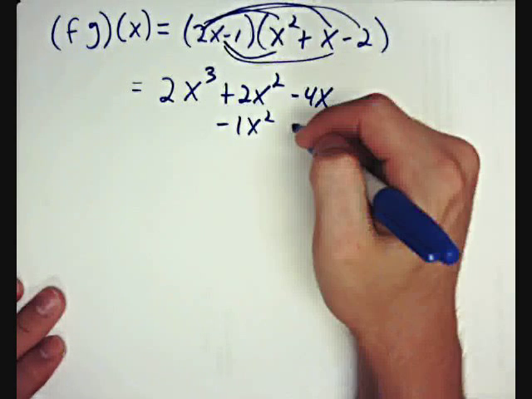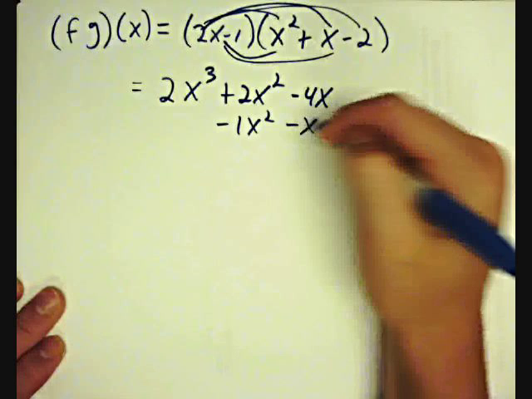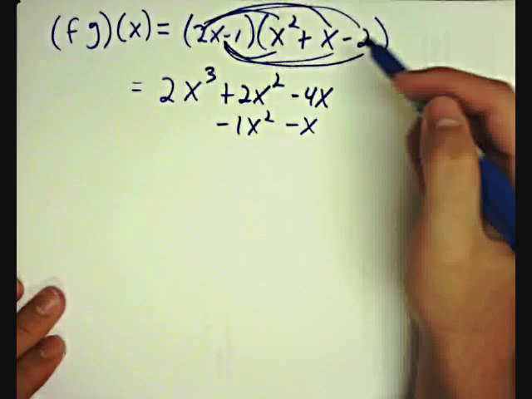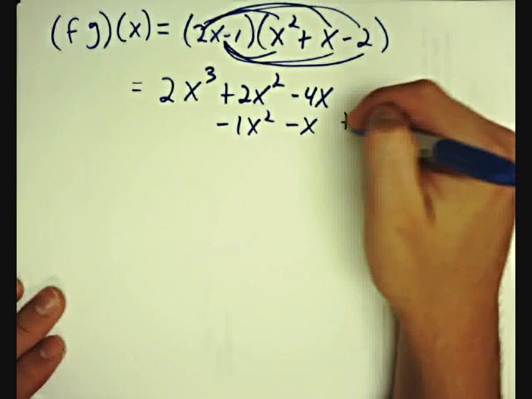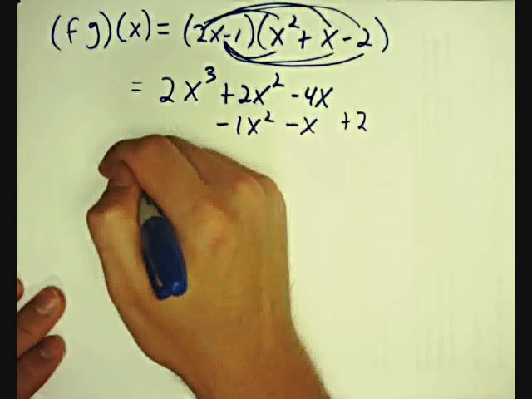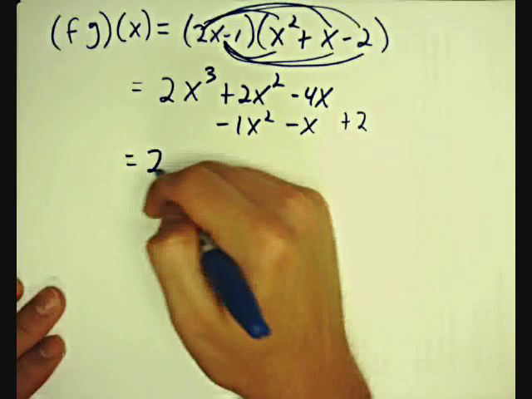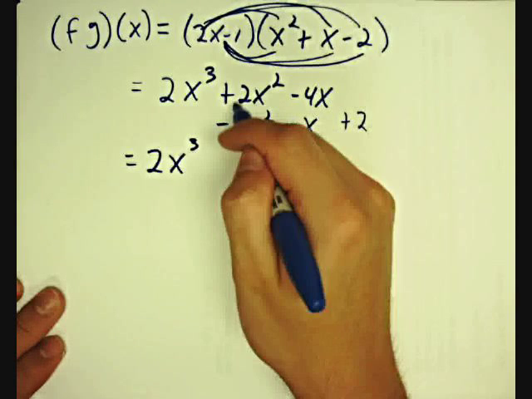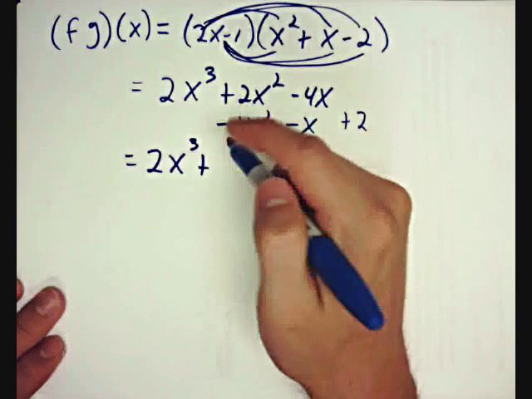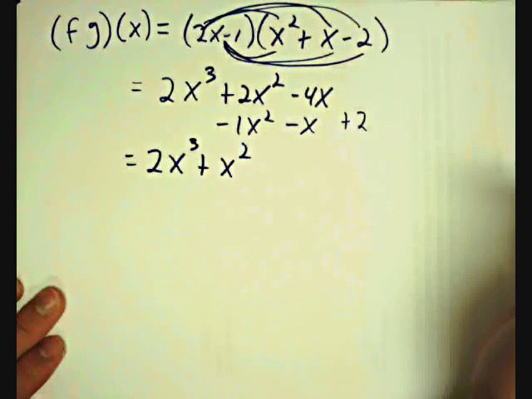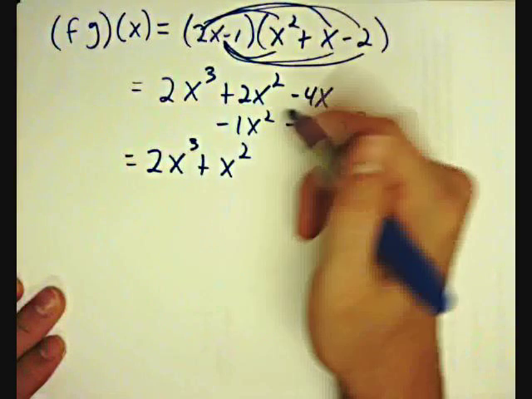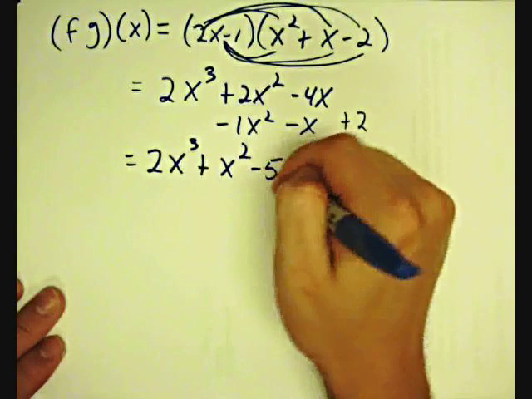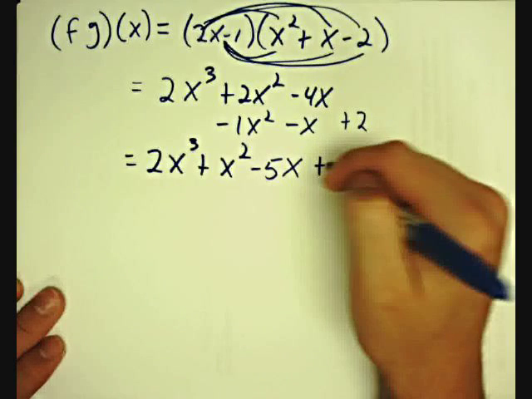Minus 1 times x is minus 1x, or minus x. And minus 1 times minus 2 is plus 2. Combining our like terms, 2x cubed plus 2 minus 1 is 1, x squared. Negative 4x minus x is minus 5x plus 2.